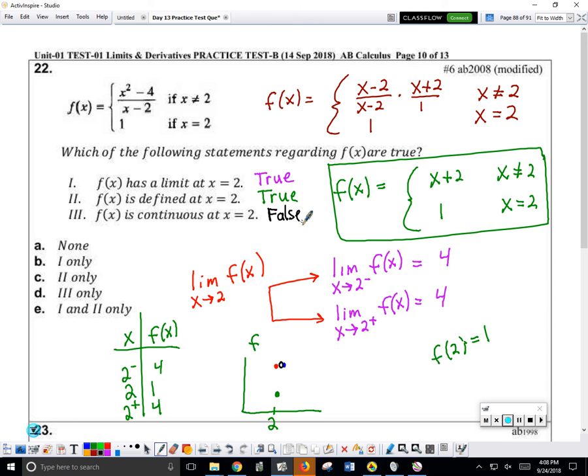If this function were just 1, then the limit from the left and right would have equaled 1, and the value of the function would have also equaled 1. That would work. You could also just say if x equals 2 is 4. Correct. So change this to a 4, leave everything else the same, then all 3 will match. Perfect.